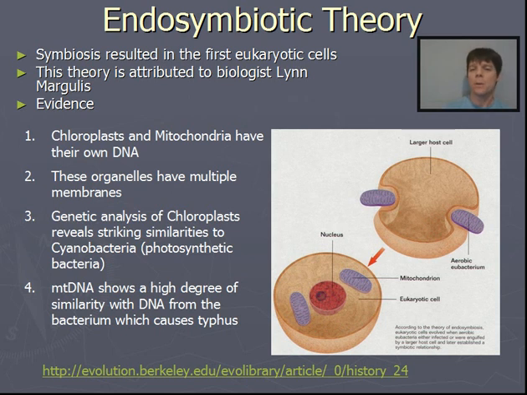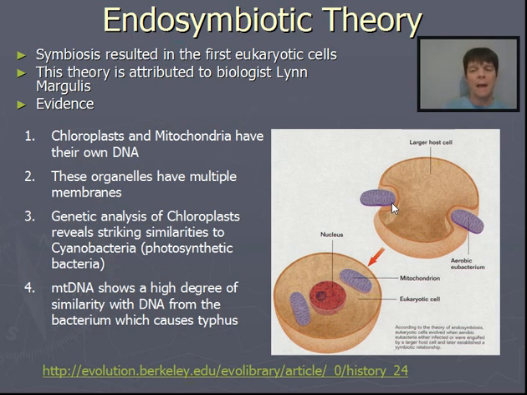The theory is attributed to a biologist named Lynn Margulis. Now there's some really interesting evidence that in the past there was an ancient symbiotic event where a larger host cell engulfed by endocytosis smaller cells, and they started living together, and eventually over time they became one cell.